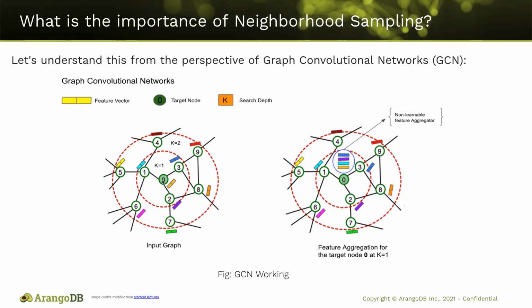At this time step or layer, we are aggregating the original feature representations of nodes which are at K equals 0.